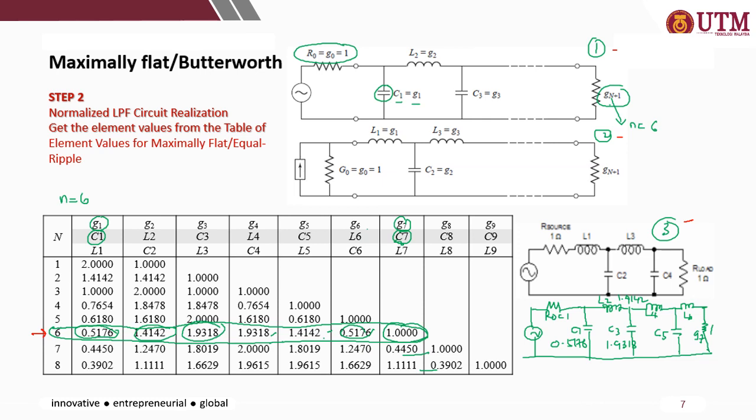If you look at the table, when n equal to 6, the number of inductor and capacitor combination will be up to G6. G7 usually is the terminated load, or the load resistance, and the normalized value will always be equal to 1.